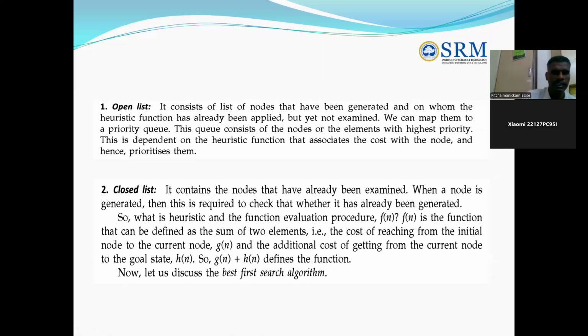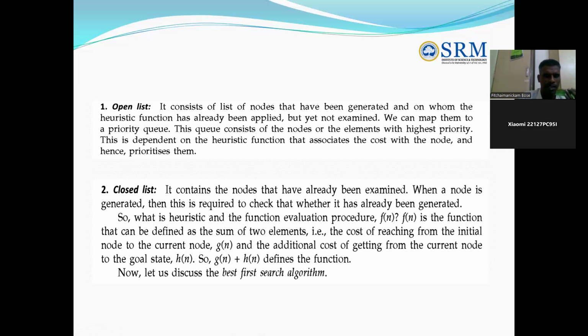This is for an R graph, and for validating this algorithm, you verify two different lists. One consists of the nodes that have been generated, where some heuristic function is already applied, but not yet examined.